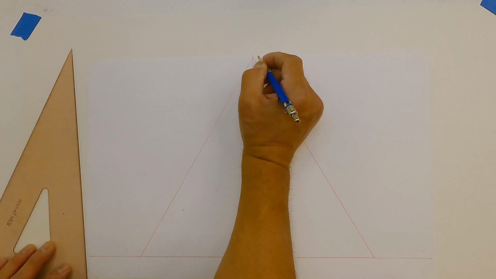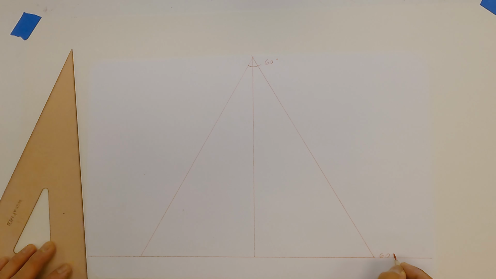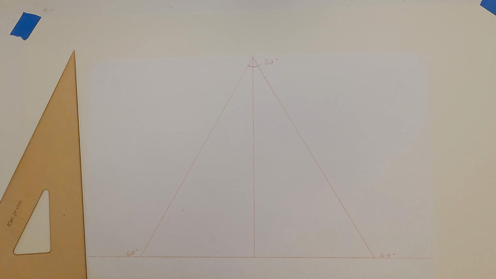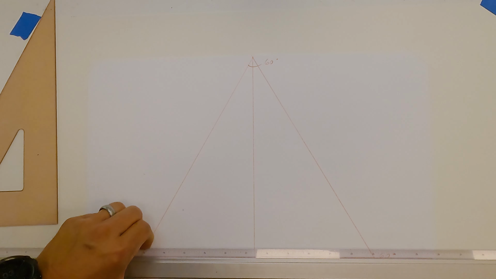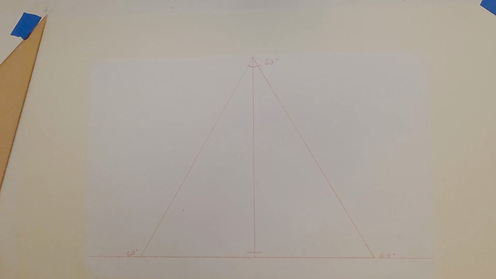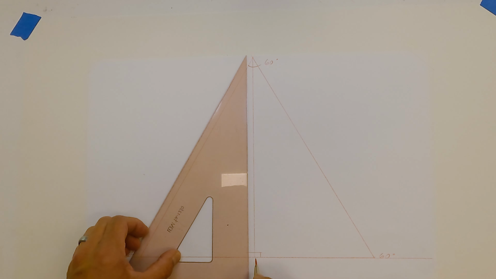So equidistant triangle, 3 60-degree angles. And you have this vertical that creates a perpendicular line to the horizon line. And if it's perpendicular, that means it creates a right angle.